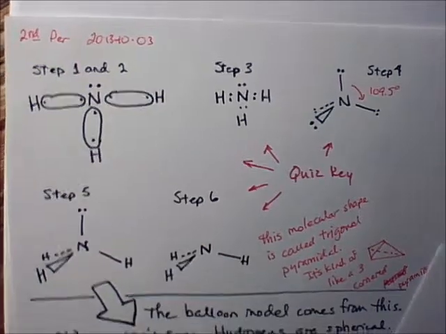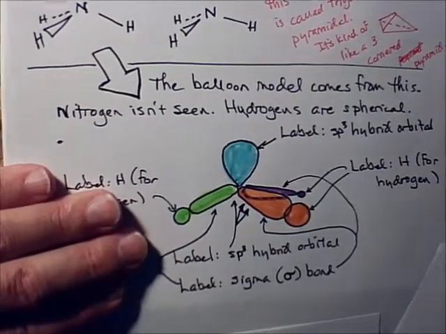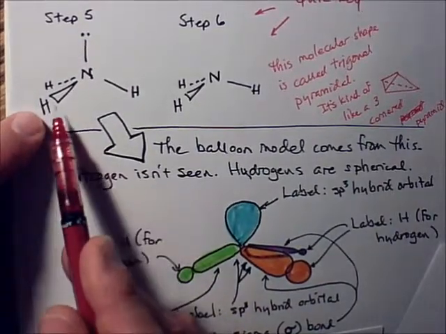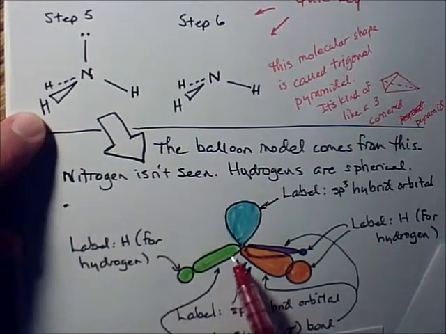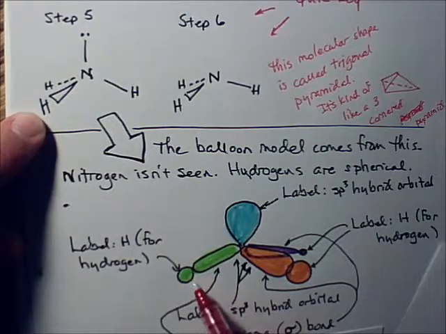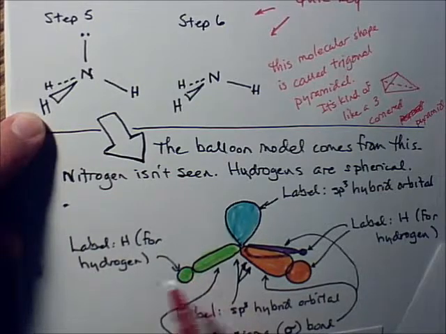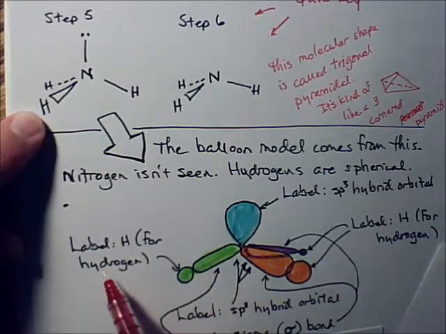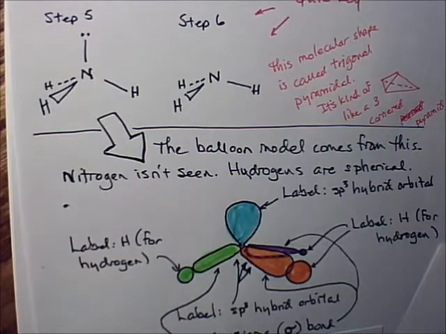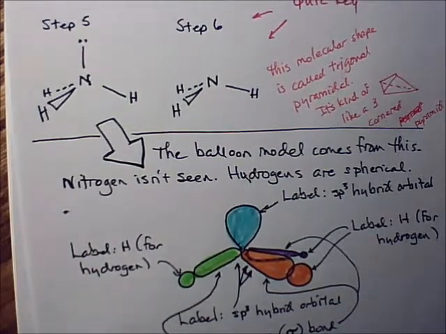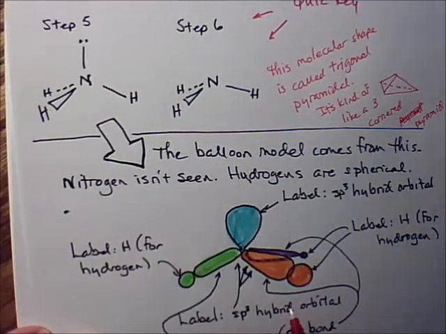And the result is you get this, where each of the bonds between the hydrogen and nitrogen is a Wiener shape. Okay? We just leave a little ball on the end, a sphere on the end, for the hydrogen in our balloon model. Does that make sense? Yeah. All right. So that's how you get this balloon model for the ammonia molecule.